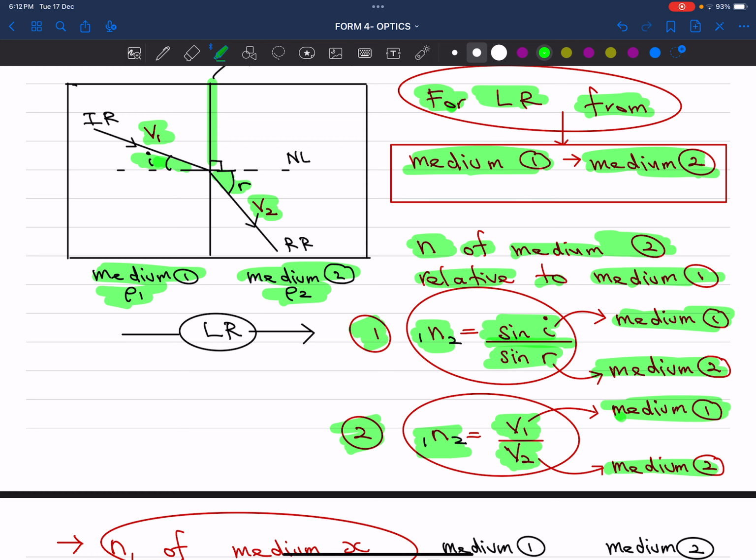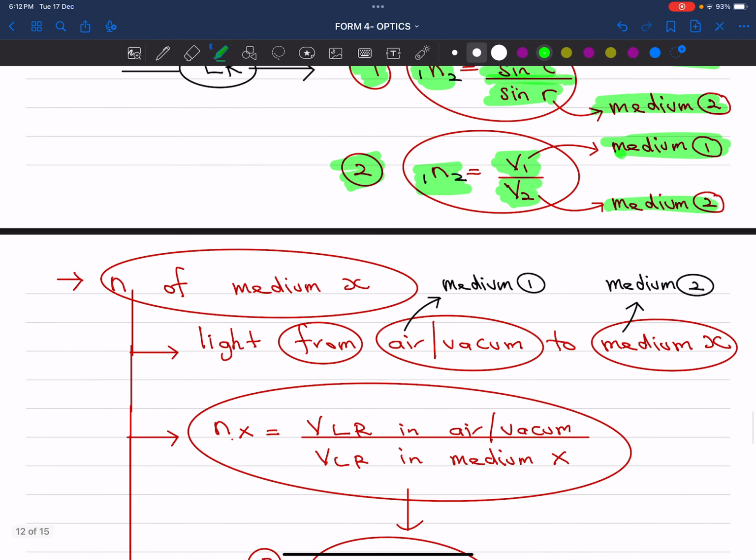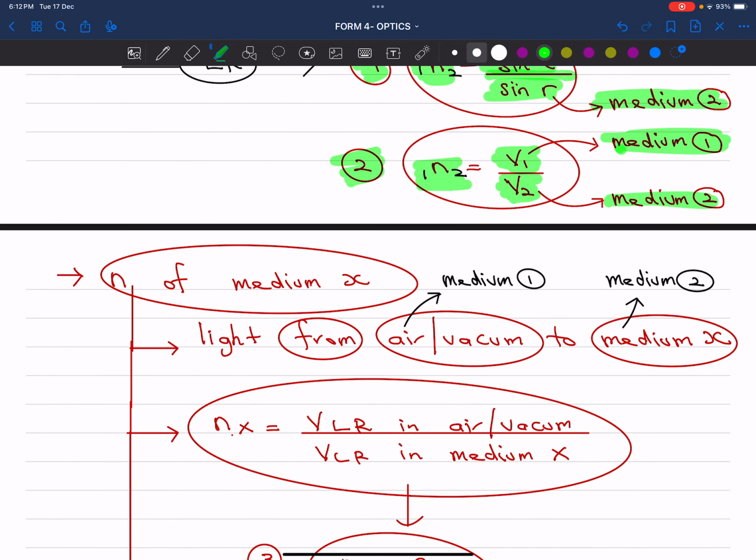So I got a second formula. Next, now let us say we are given the refractive index of medium X. They are not telling light traveling from where to medium X. The moment they say refractive index of medium X, it means this medium X is the second medium.